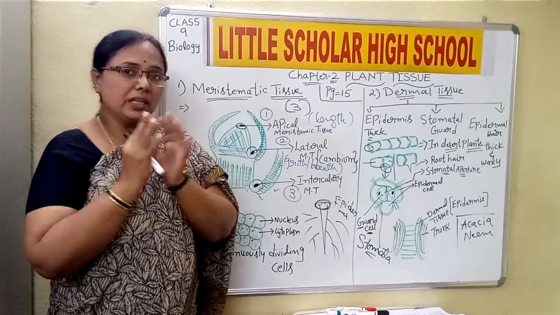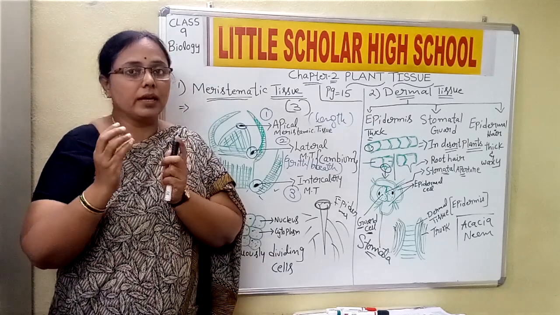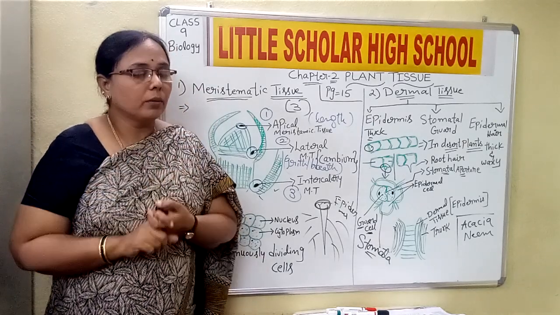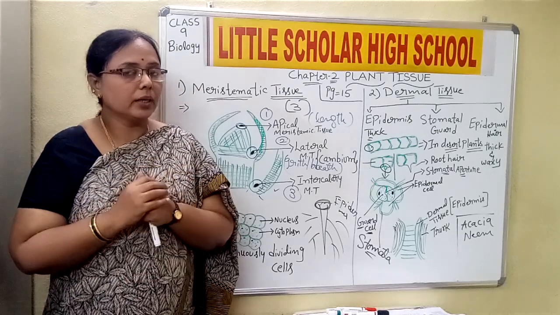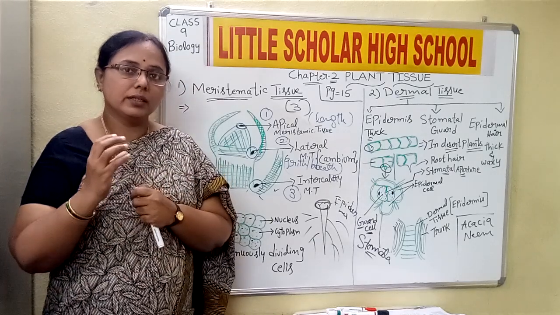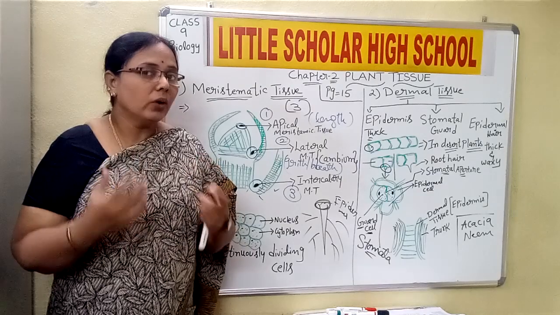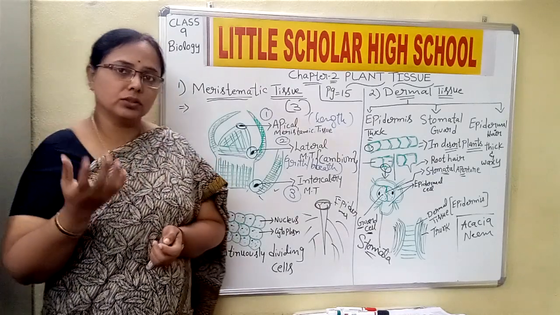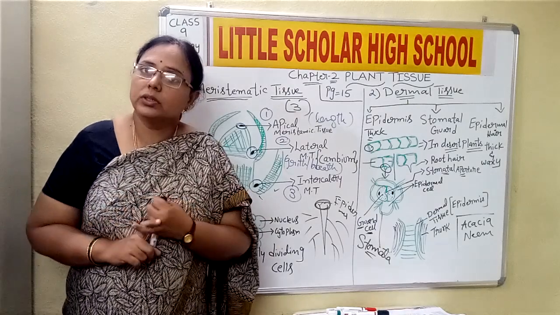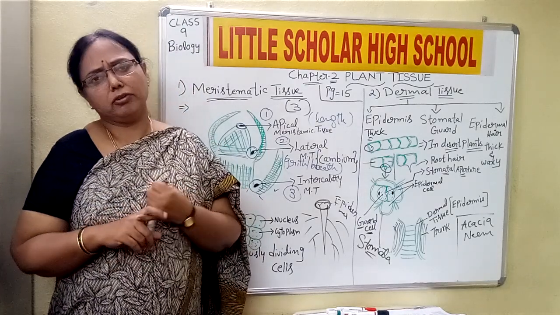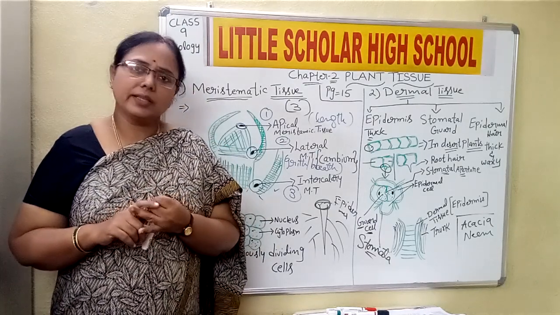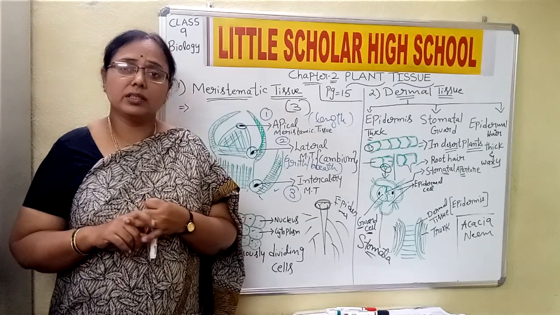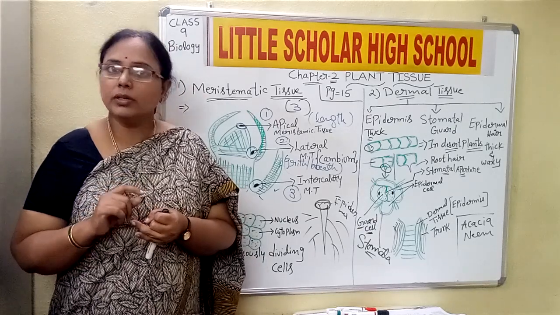So root hairs are also present, and in some desert plants, the epidermal layer is a little thick and waxy. Why is it thick and waxy in desert plants? Because all of us know that in desert areas the rainfall is very less, very scanty, and there is a lot of scarcity of water.